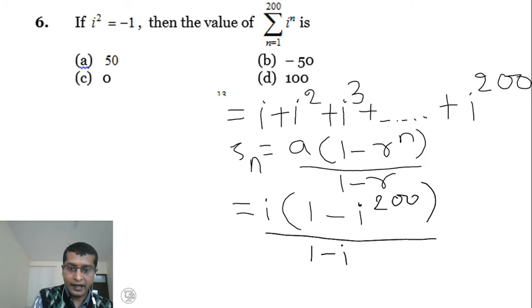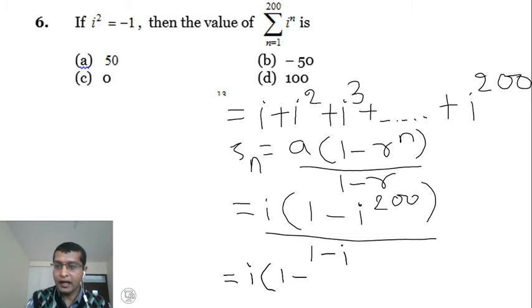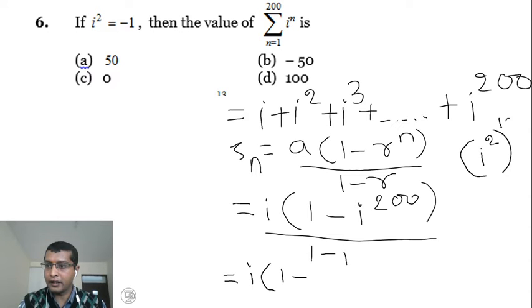Further, this is i, so 1 minus i raised to 200 can be written as, it is i square raised to 100, right? i raised to 200 can be written as i square raised to 100.